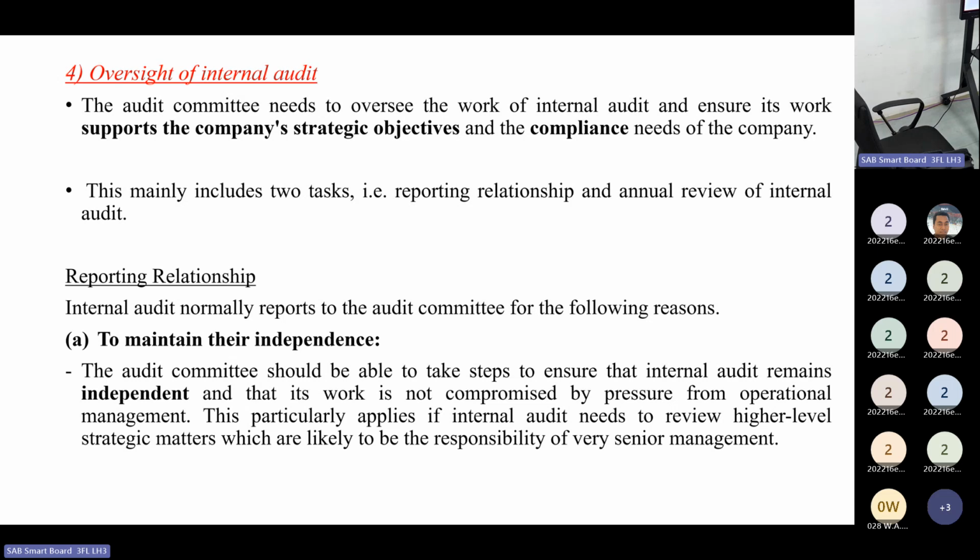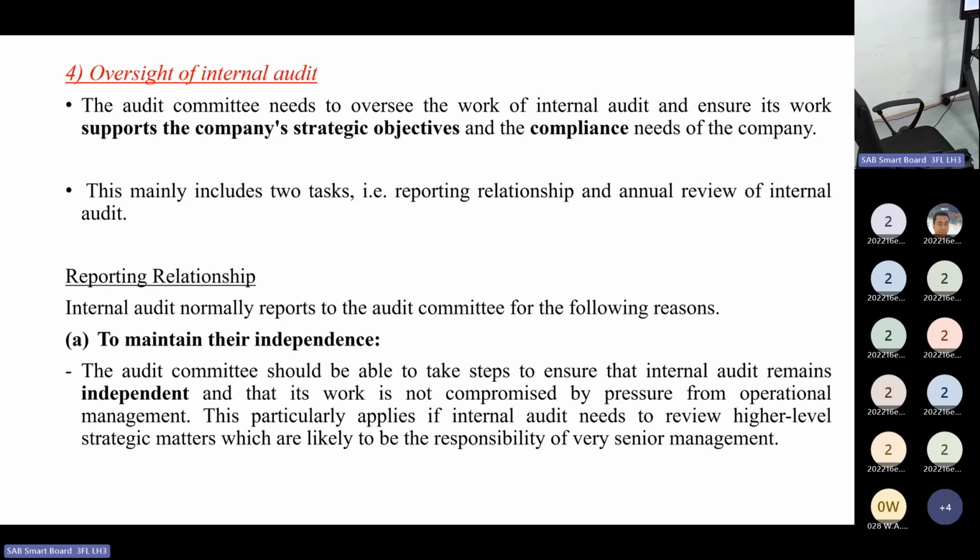So if they are reporting to the management, can they maintain their independence? And you understand? They won't be able to maintain their independence and do their job. If they were required to report to management, that would be the problem. That is why they need to report to the audit committee.